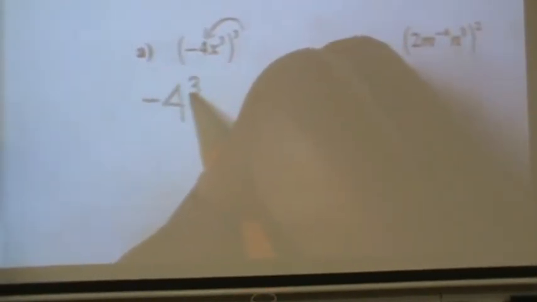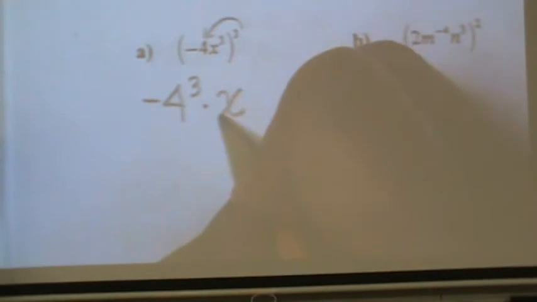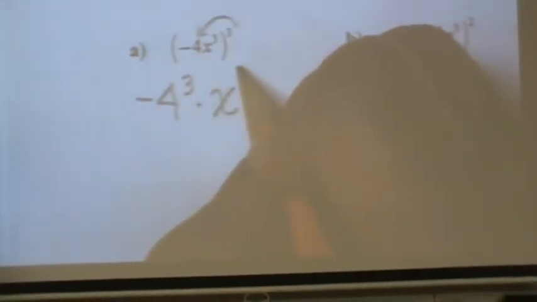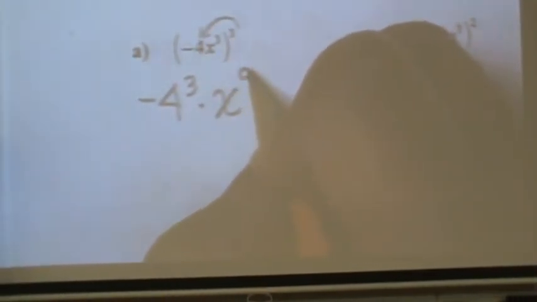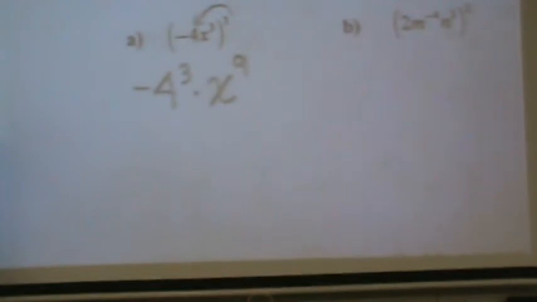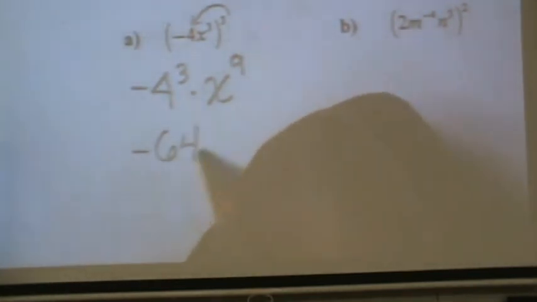So you're going to raise -4 to the third power and x to the third to the third. What's x to the third to the third? 9. Now, is there a better answer? Negative 64, x to the negative. Yep.